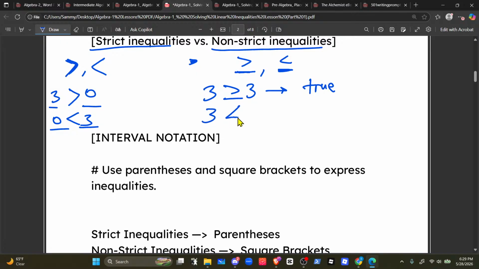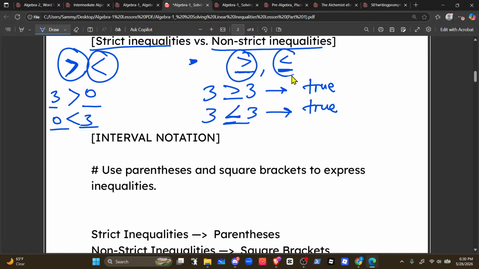If we had something like 3 less than or equal to 3, this is also a true statement because 3 is equal to 3. It can be less than or equal to 3. Okay, so just to keep in mind, strict inequalities, greater than or less than. Non-strict inequalities are greater than or equal to and less than or equal to.